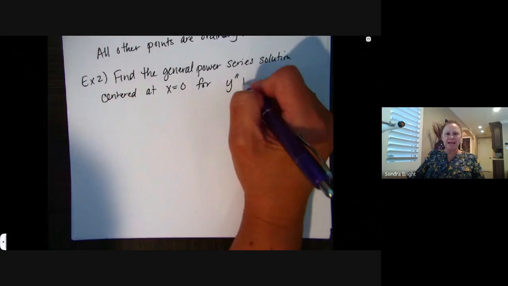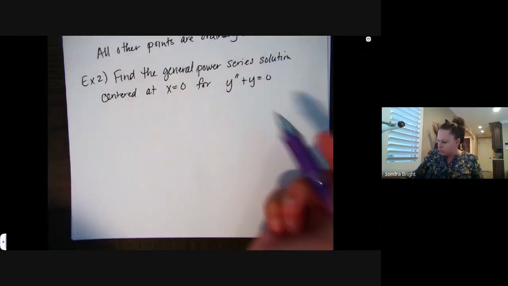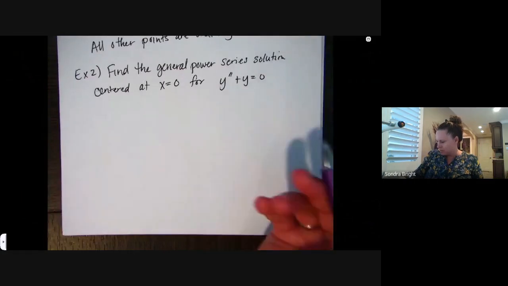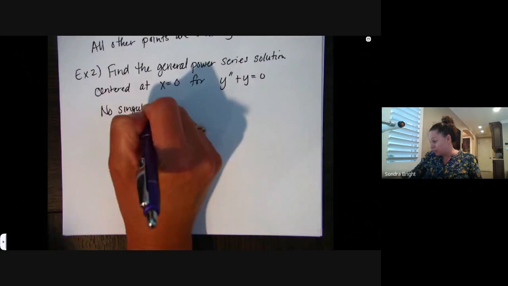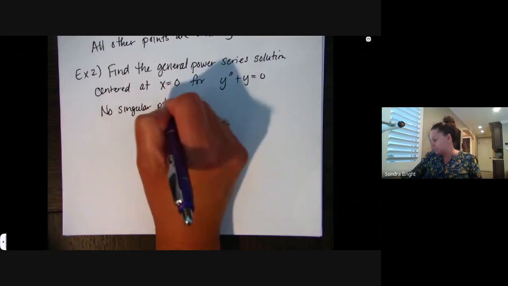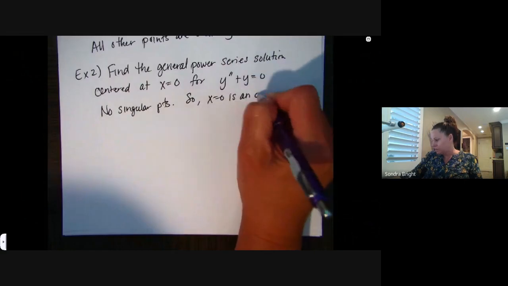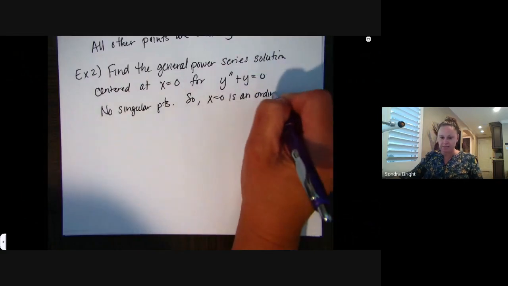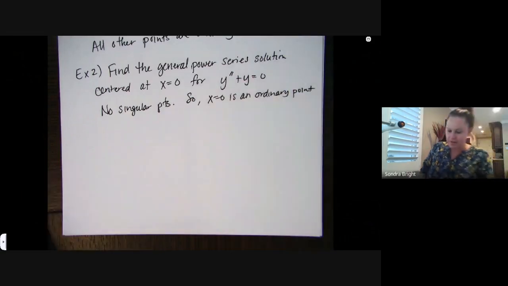So here your coefficients are 1 and 1, so there's no singular points. And so x equals 0 is definitely an ordinary point, which means that we can find the solution by its power series.